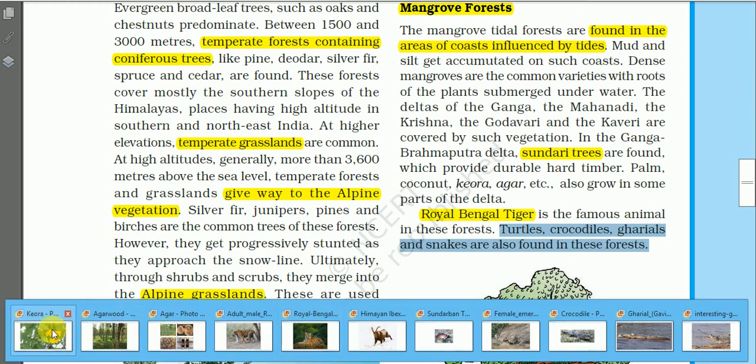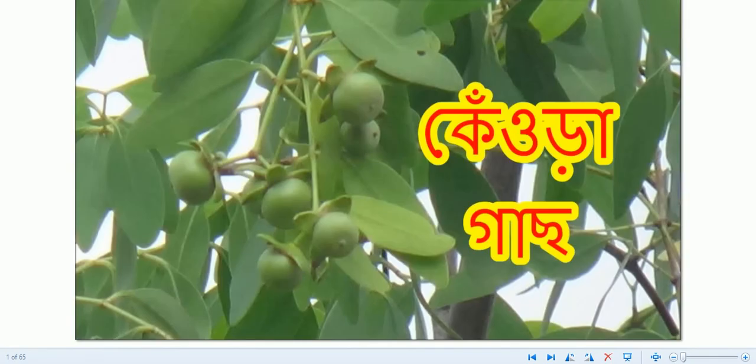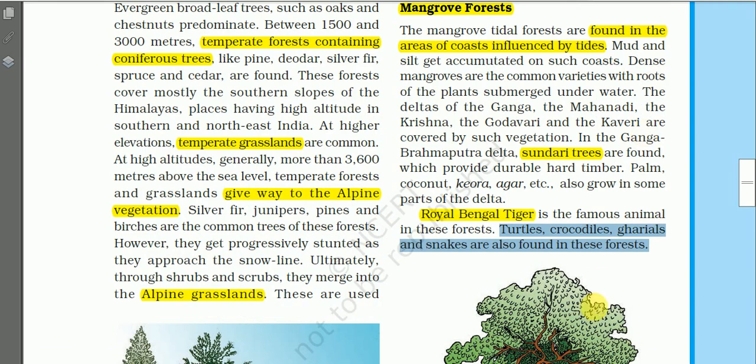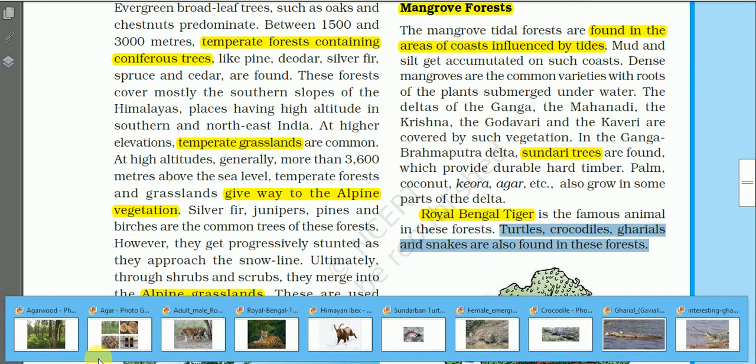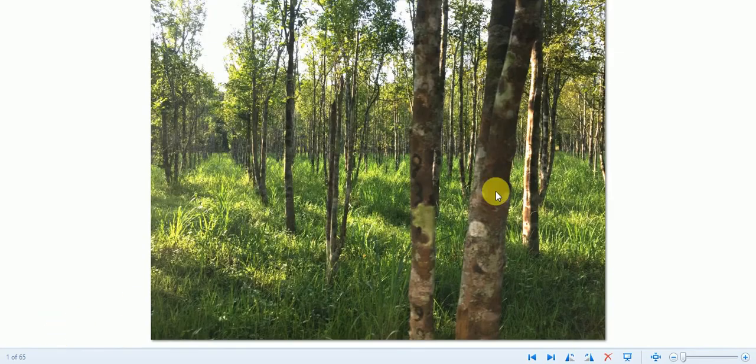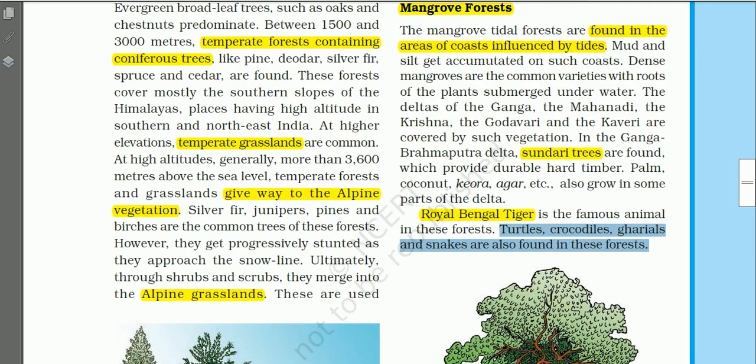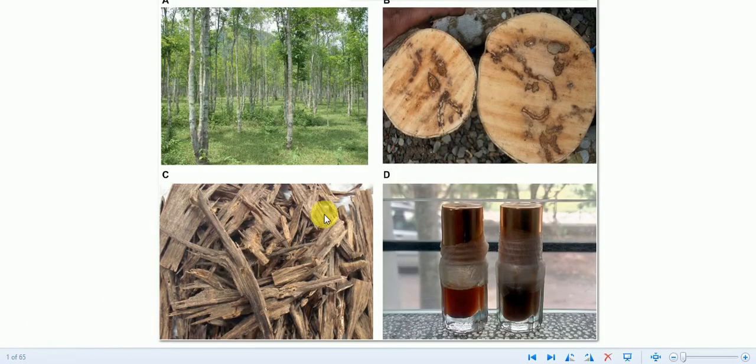And here is another photograph of this kiora fruit. And this is a photograph showing agar wood, the perfume tree, a very costly one. From it we are getting perfumes. See here.